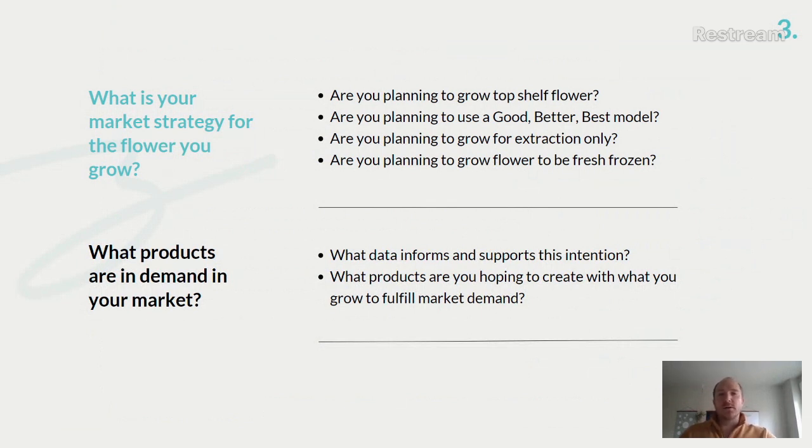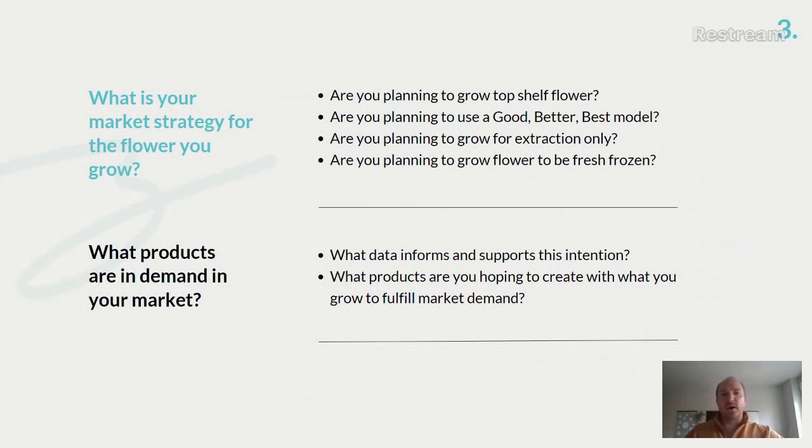If there are a dozen other companies in your market trying to do the same, are you leaving yourself fewer opportunities compared to what I consider the dumbbell approach, taken from other industries, which I call here the good, better, best model, where you're trying to category cover, where you have your value brand, your middle of the road brand, and then the top shelf brand, so that you can category cover anyone that might be coming into a dispensary where you have something from all 3 different price points, effectively allowing you to sell the greatest amount of product through by way of volume.